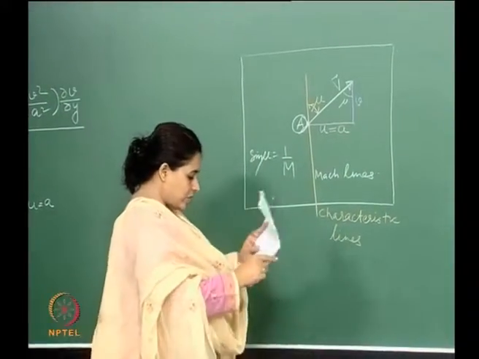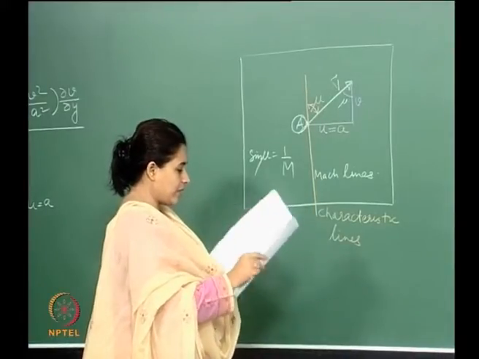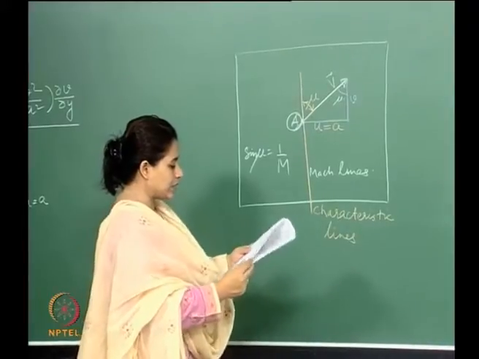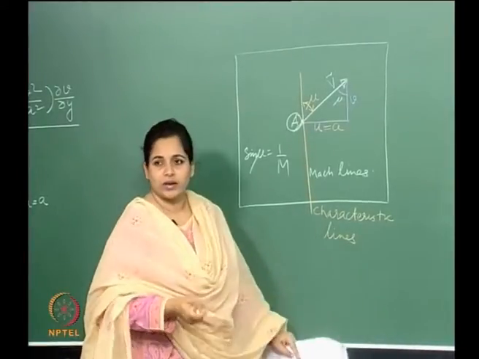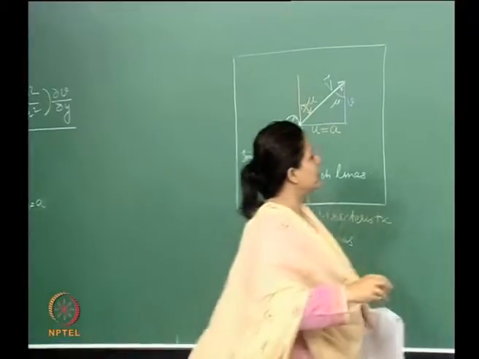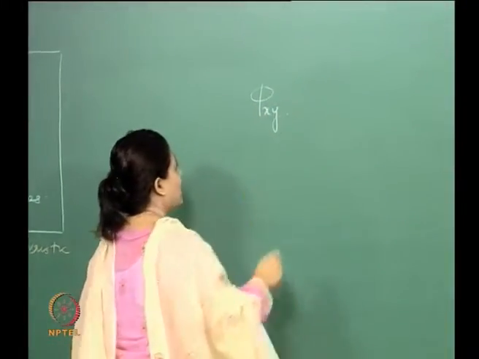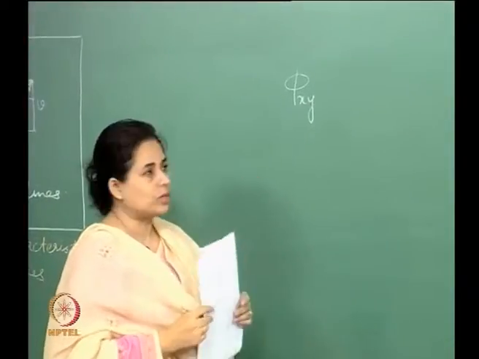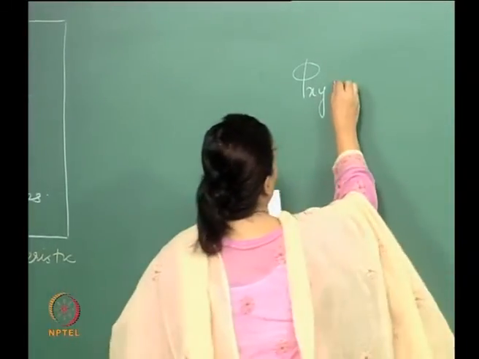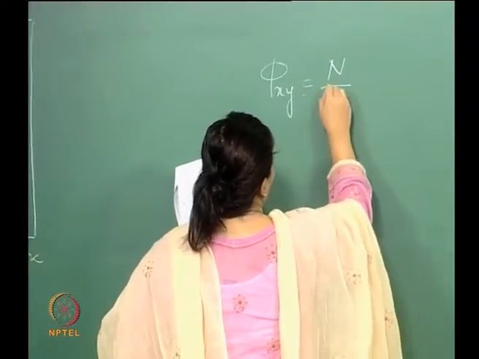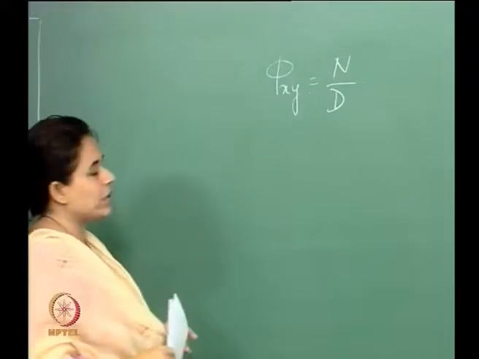Now, we then went on to work with the velocity potential equation, and we found an expression for it, some numerator by denominator.